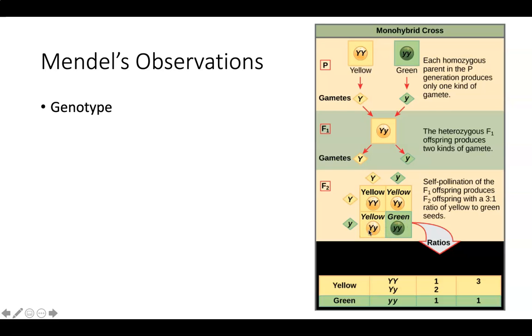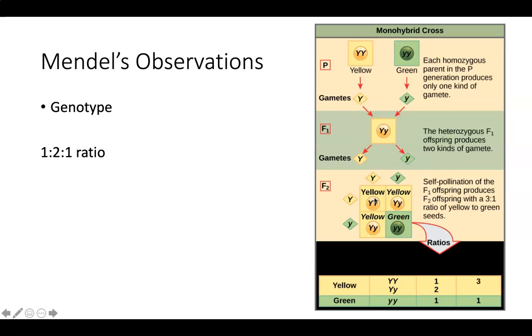And if you are heterozygous, that is your genotype. And your genotypes in this F2 generation from true breeding parents in the parental generation is always going to come out to roughly 1 to 2 to 1.